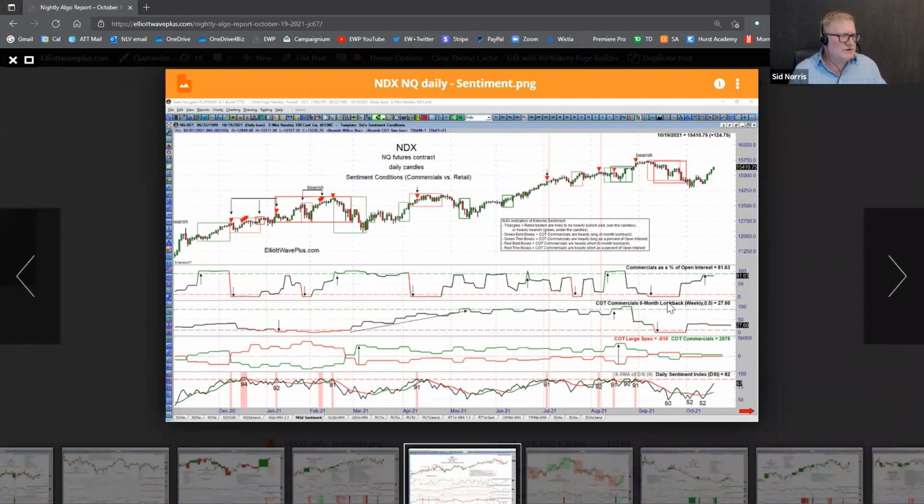The 6-month look back shows how the commercials are positioned on this item in comparison with their least and most bullish positioning over the last 6 months. You can see on that measure they're kind of neutral, but the faster acting commercials as a percent of open interest is almost extreme.